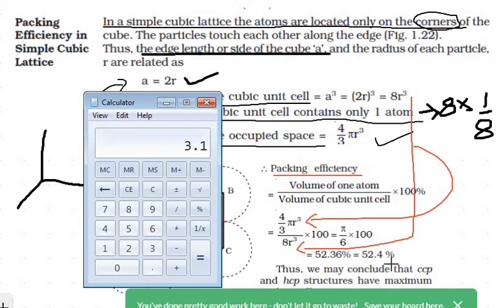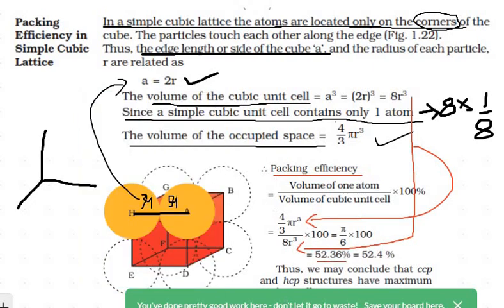The value is 3.14 into 100 divided by 6, so it came 52.33, very close to 52.36. So rounding off, we can represent it as 52.4.